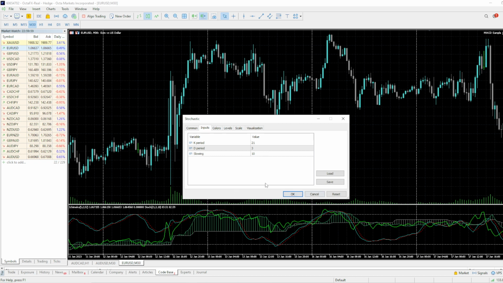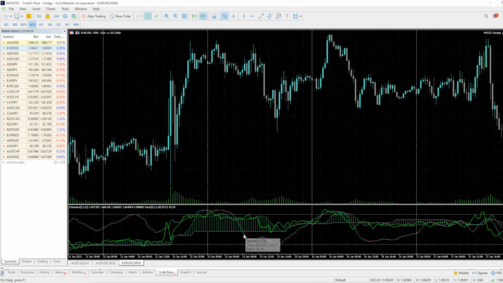If you see, the K period is 21, the D period is 3, and the slowing is 10, and you can just plot it here.